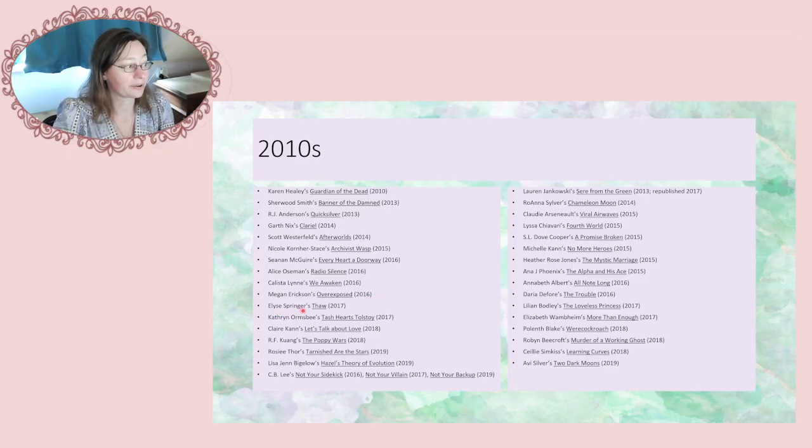We have Elise Springer's Thaw, 2017. Catherine Ormsby's Tash Hearts Tolstoy. Clare Collins' Let's Talk About Love, which I want to highlight is probably one of the first, I think it's actually the first explicitly asexual book by a Black author with a Black heroine, Black main character in the book.